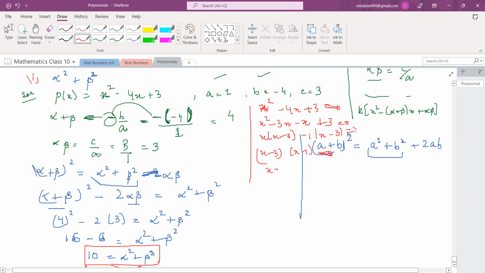Okay, so I get the value x is equal to 3 and x is equal to 1. Clear? So these are my two zeros, 3 and 1. So if I do alpha square plus beta square from here, I'll get 3 square plus 1 square, which is equal to 10. I mean 9 plus 1 is equal to 10. So I have checked it because it will come as a 3-mark question.